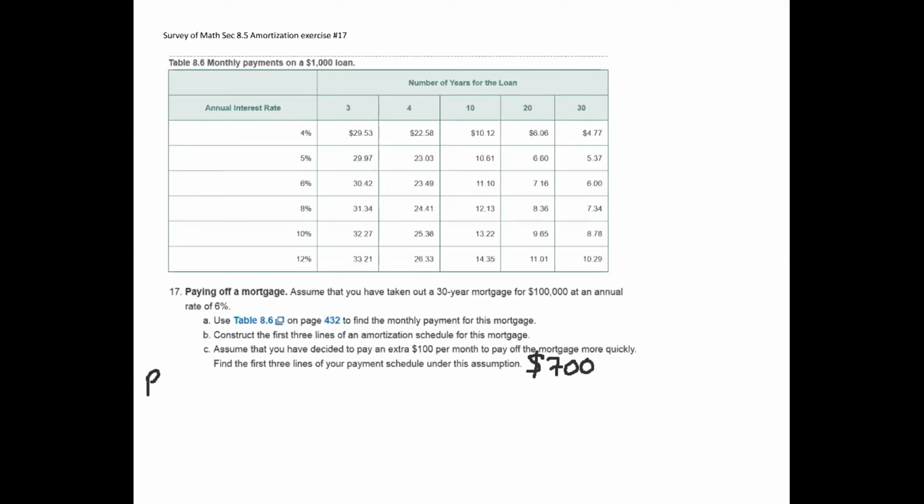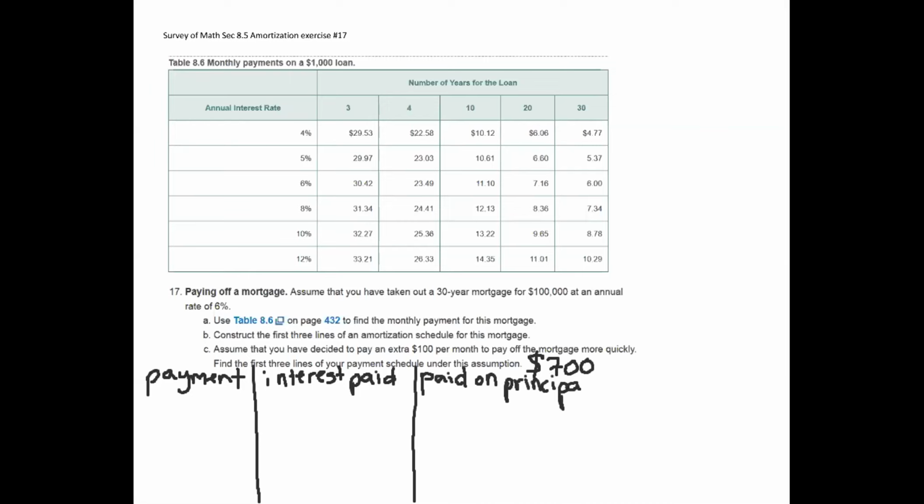So we'll have payments, interest paid, paid on principal, and our balance column. So 4 columns.